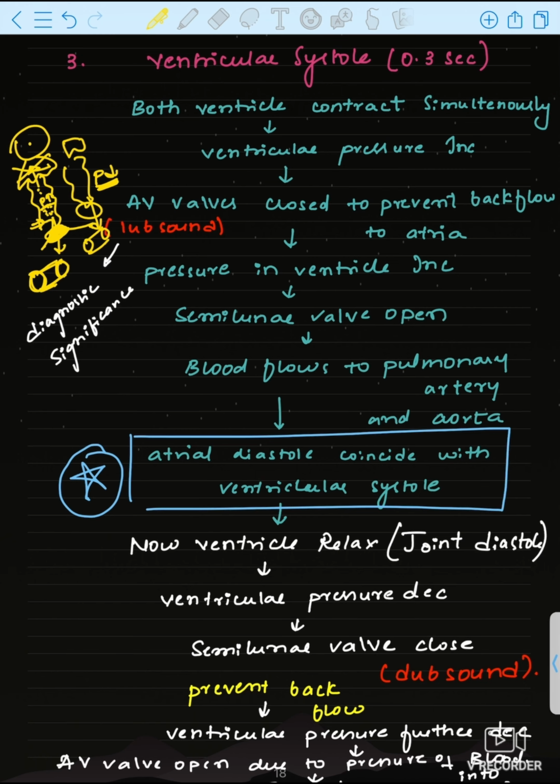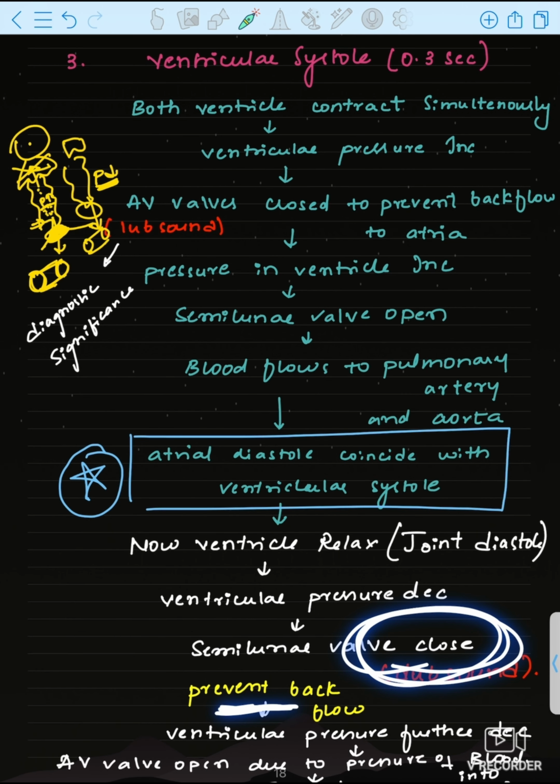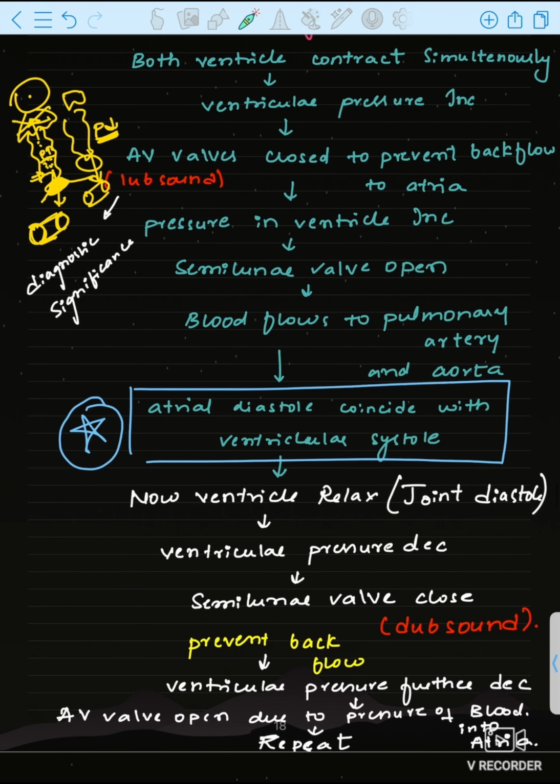To prevent backflow, the semilunar valve will close. Now further pressure will decrease.